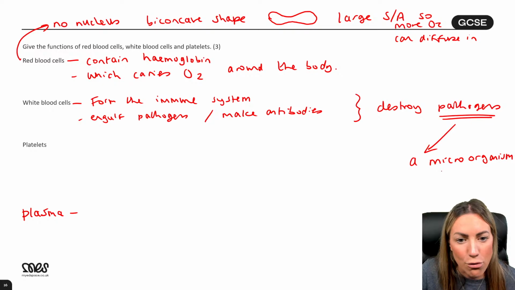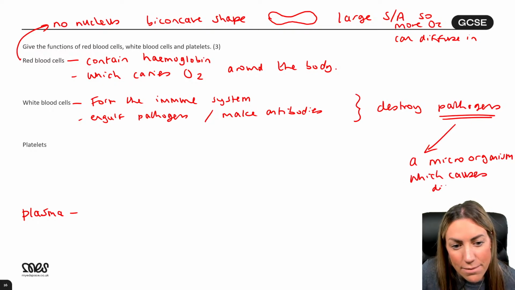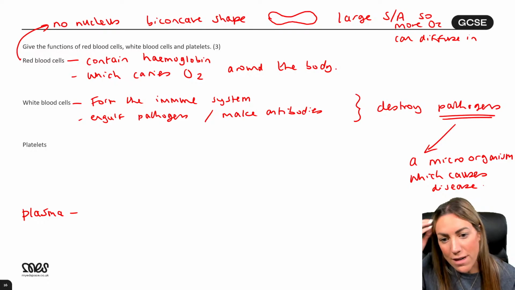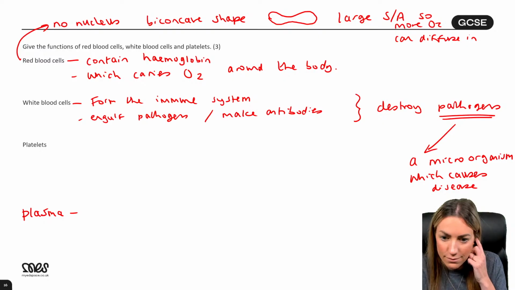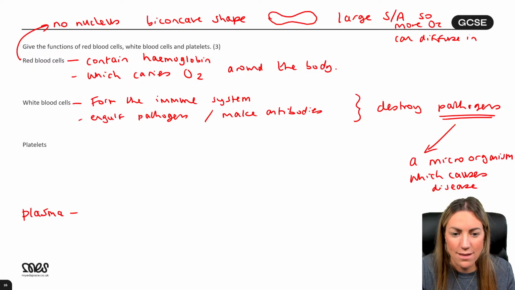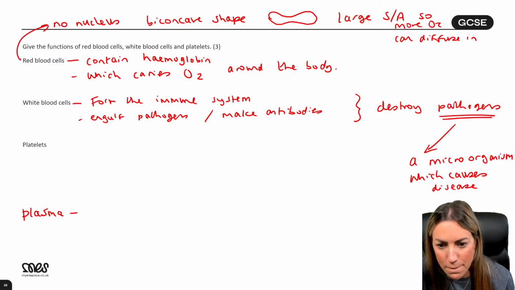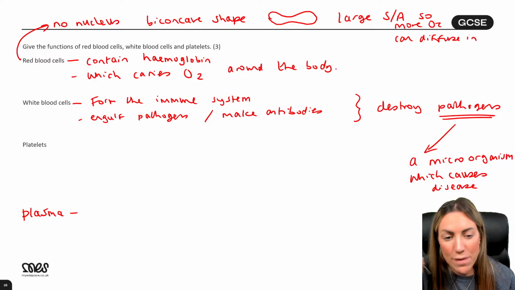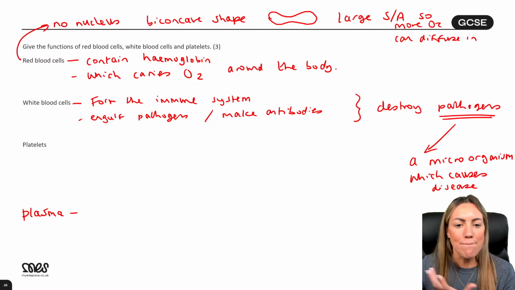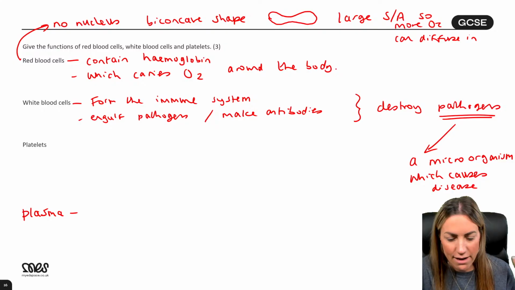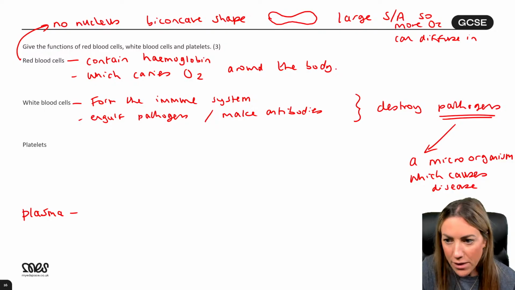It's a microorganism which causes disease. Yeah, so your examples would be like bacteria, viruses, fungi, protists, like the malarial protist. Okay. Yeah, but that's your definition if you weren't sure. It's a microorganism which causes disease, and maybe give an example: bacteria, virus, fungus, something like that.